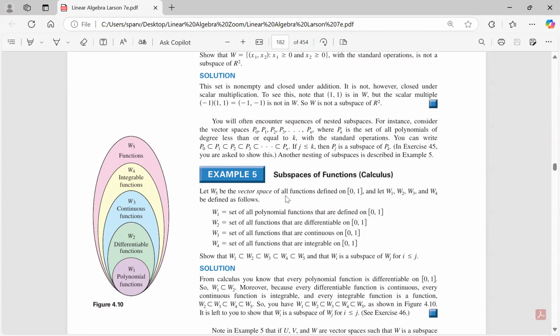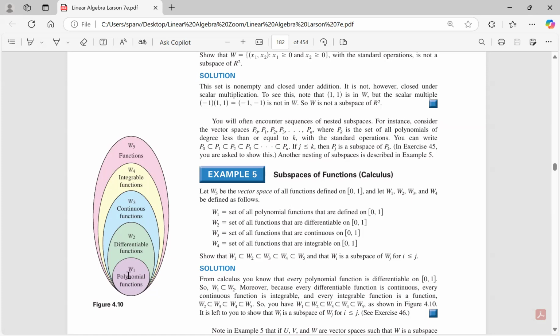So polynomial functions are functions, right? It makes sense that W1 is a subset of the larger W5. What's W2? He says, I want W2 to be the set of all functions that are differentiable. Well, polynomial functions are differentiable, correct?